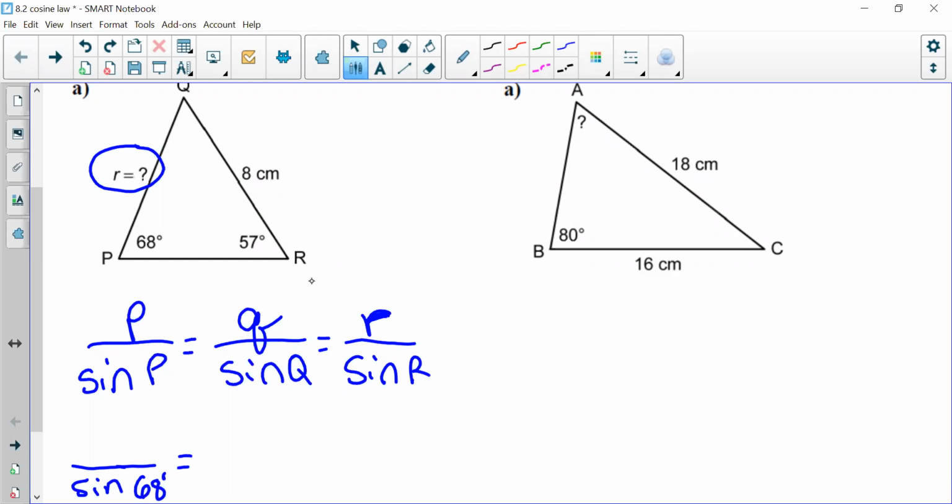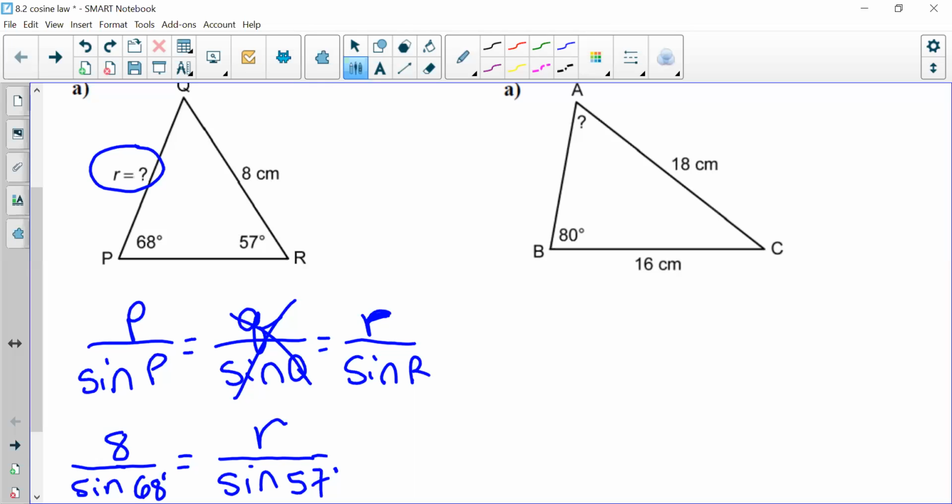Do they ask me or give me Q at all? Side Q or angle Q? No, so I'm going to ignore this part of my formula. I'm going to use P and R. So angle R is 57 degrees. Okay, what else do we know? The side length of side P is 8 centimeters. Good, and I am solving for R.